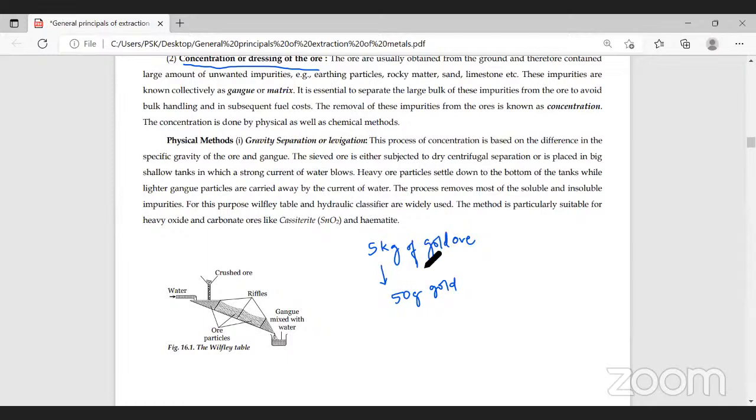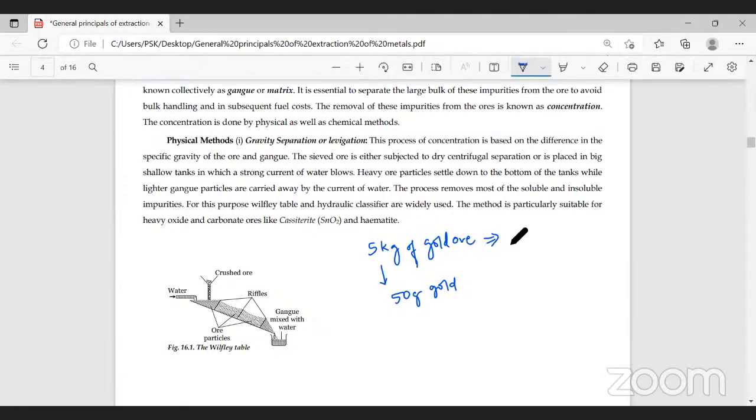Now, from this 5 kg of gold ore, you remove the dust particles, sand particles and stones, and reduce it to 500 grams of gold ore. Even in this 500 grams of gold ore, 50 grams of gold is present. Both cases have 50 grams.